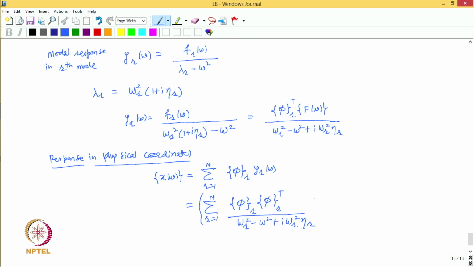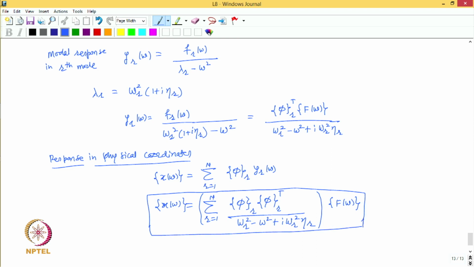And because f of omega is not dependent on the mode which is being considered, we can just take it outside, it is a constant for a given excitation. So this is the expression we got for the steady state amplitude of the response at frequency omega, okay.